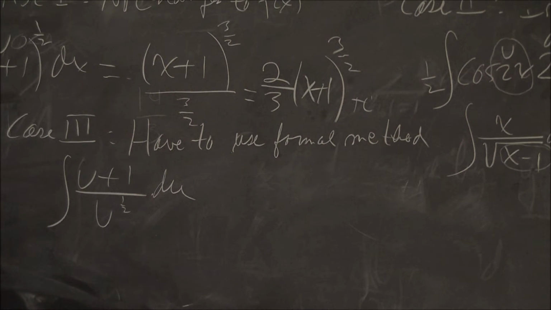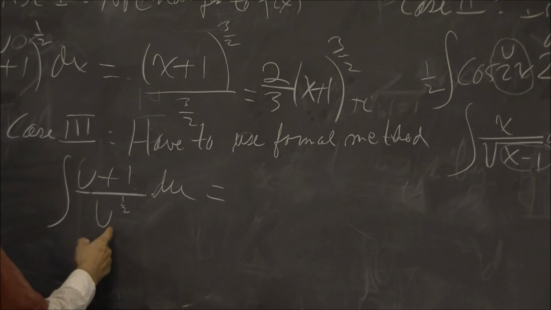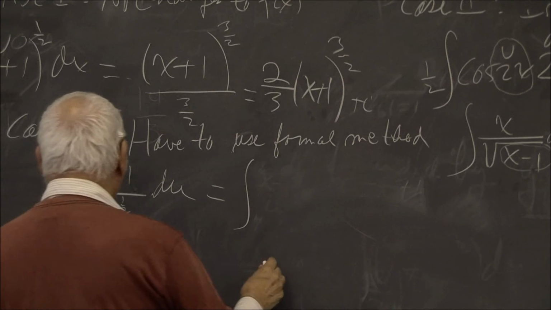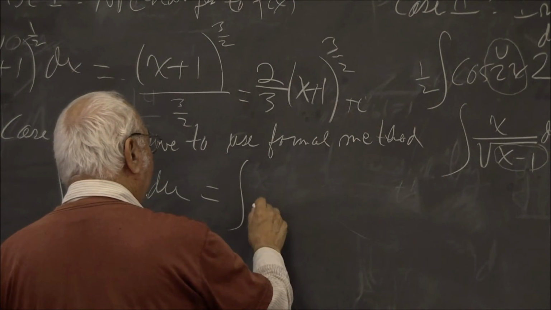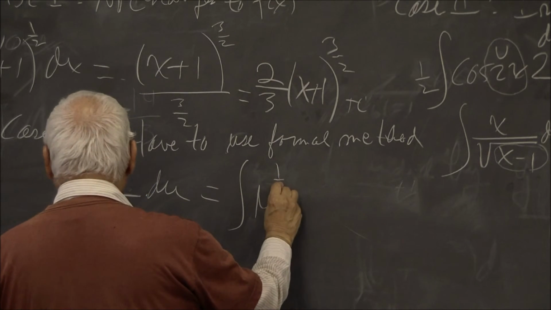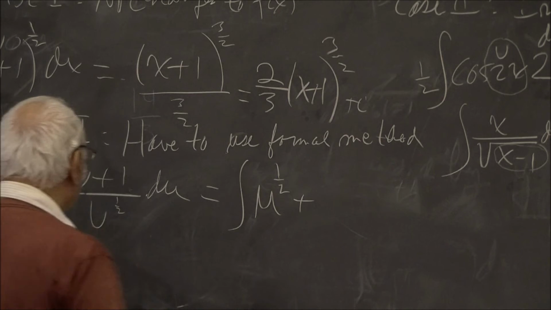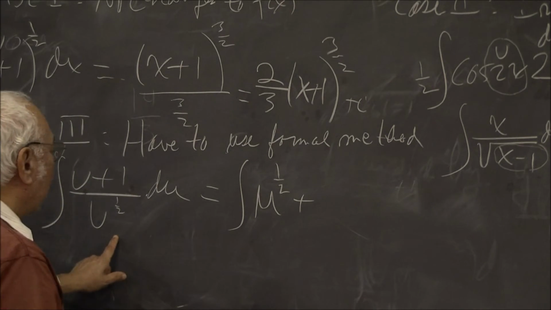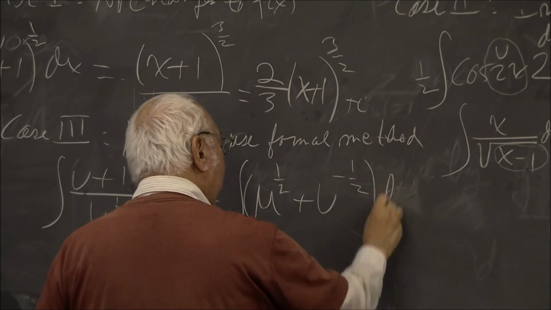Okay? So now what I do is I divide each of these terms in the numerator by u to the 1/2. And we get the integral of u to the 2/2 minus 1/2, so it's going to be u to the 1/2 plus, and then 1 divided by u to the 1/2 is going to be u to the minus 1/2. And take the integral of that.